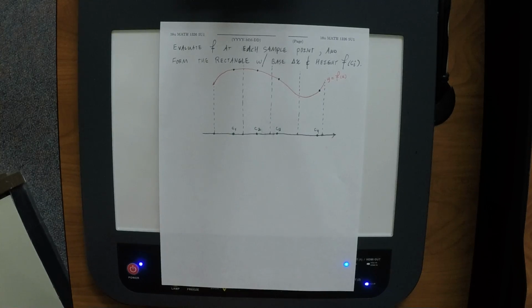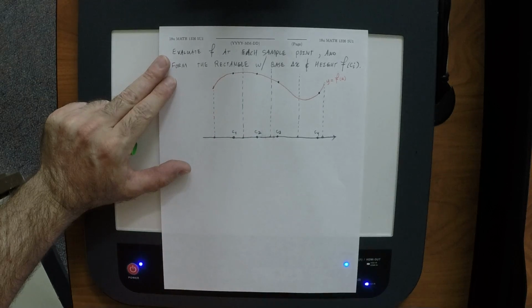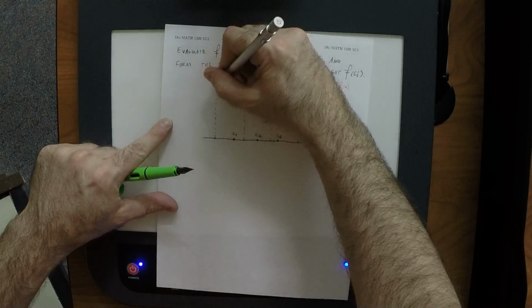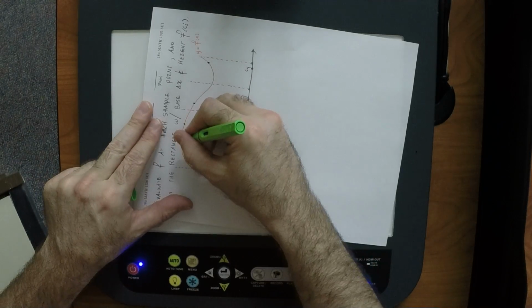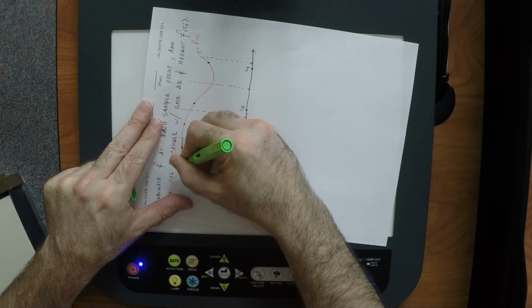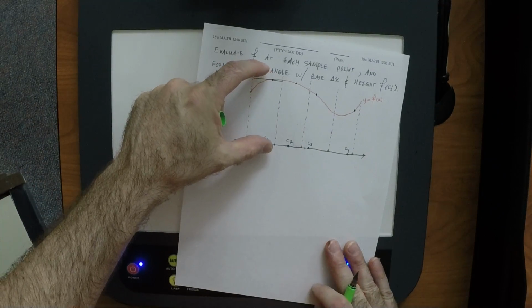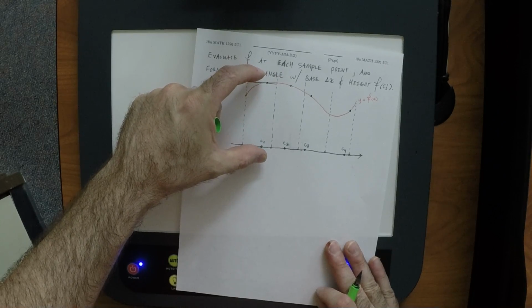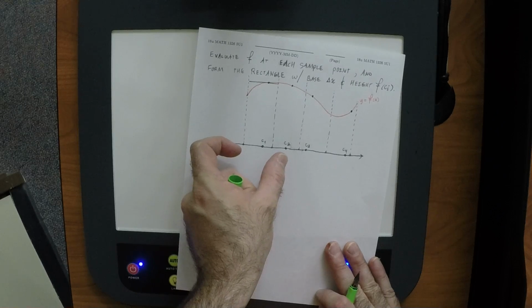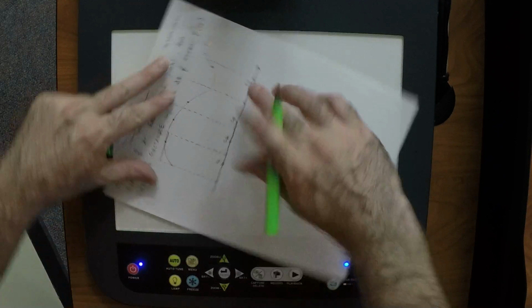So for each one of those green dots, just draw a line segment in between the two dashed lines. Like this. There's one. That rectangle has height f of c1, and its base is delta x. So now we need to do the same thing with the other three rectangles.